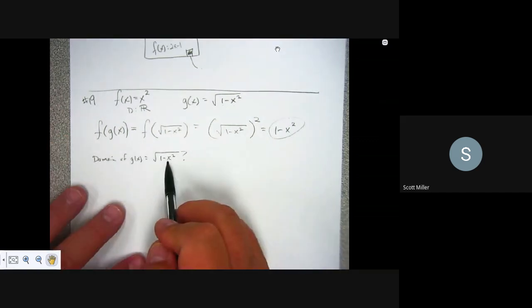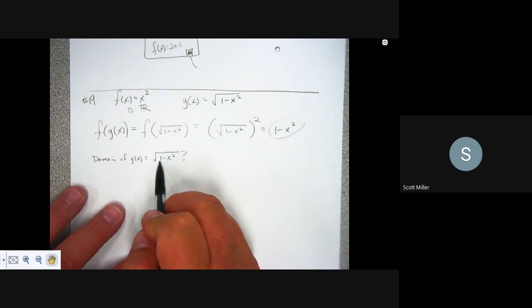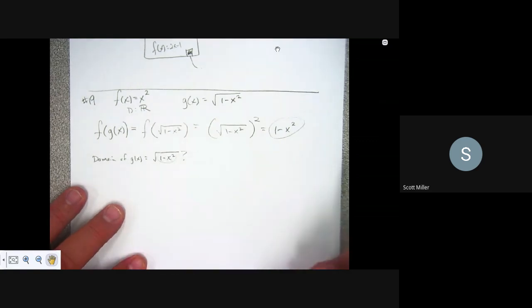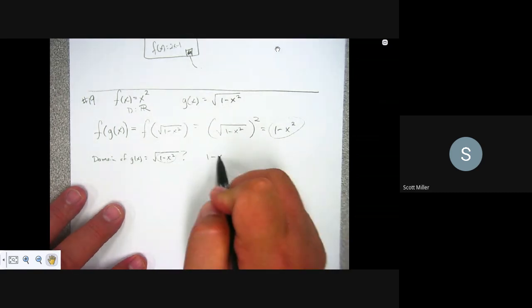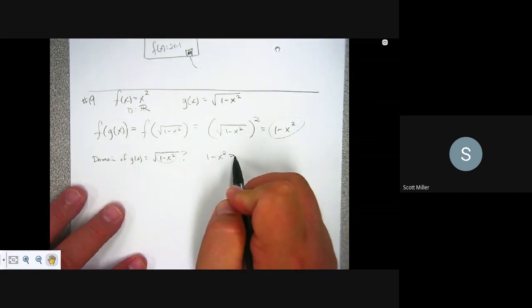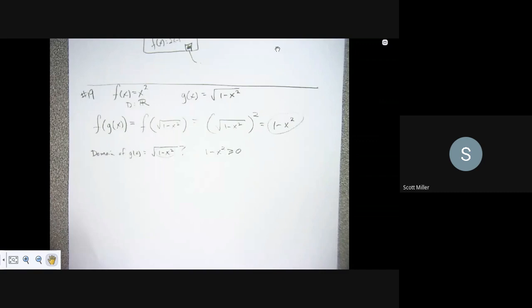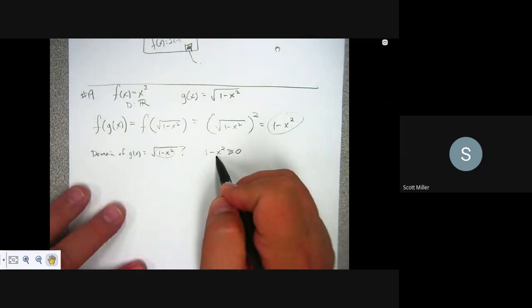To find the domain, I have to understand the nature of a square root function, which is that quantity can never be negative. That quantity must be greater than or equal to 0. Move things around.